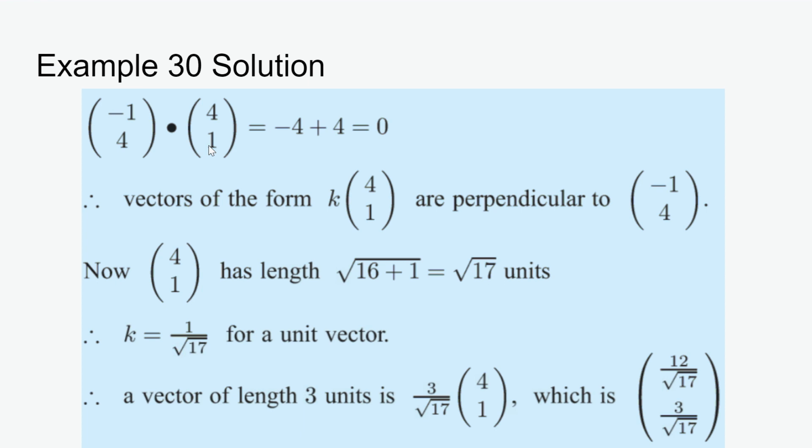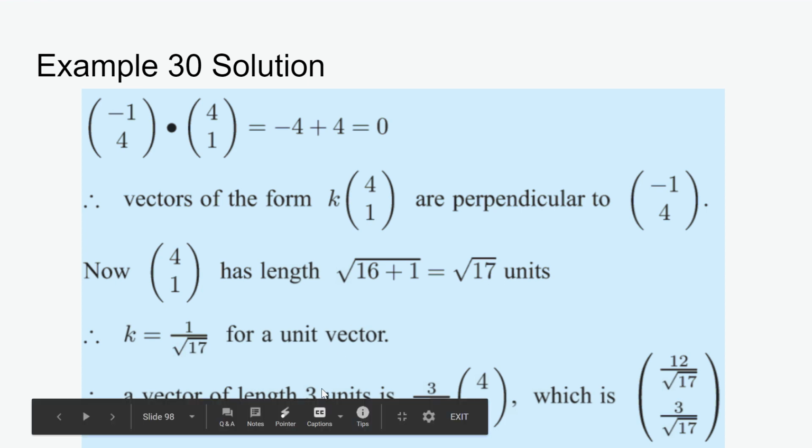And then we want to figure out what makes that magnitude 3. So in other words, if we do k times the vector 4, 1, we want that vector to be 3 units long. Well, currently 4, 1 has a magnitude of root 17.